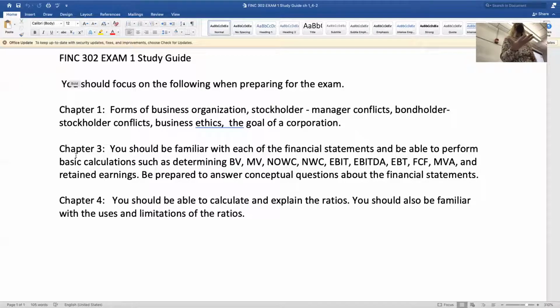So read about the operating income, what it means, and then make sure you can calculate it. And then read about all these statements. And then the free cash flow, which is on page 82.